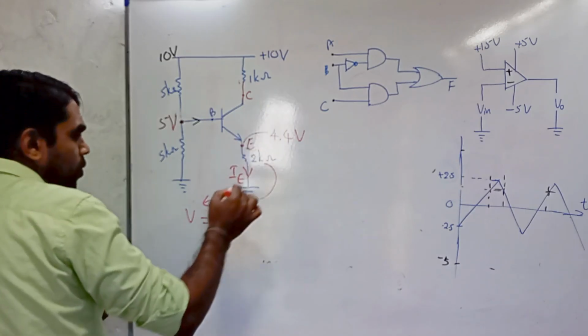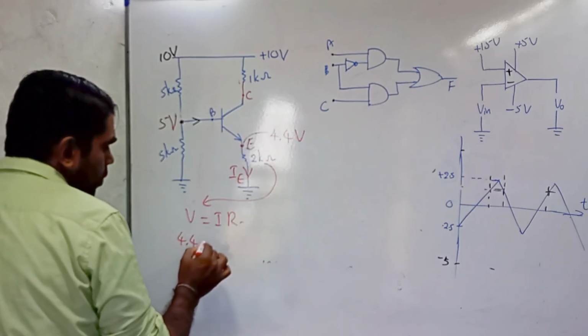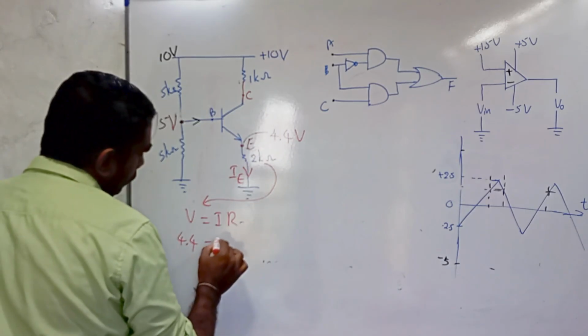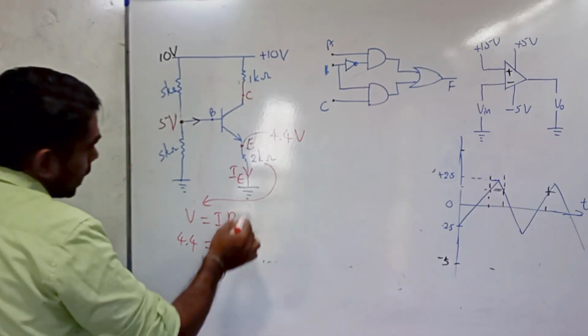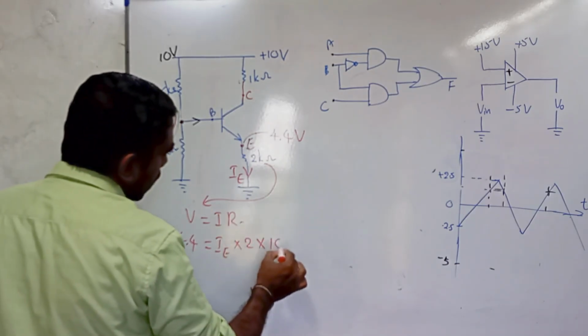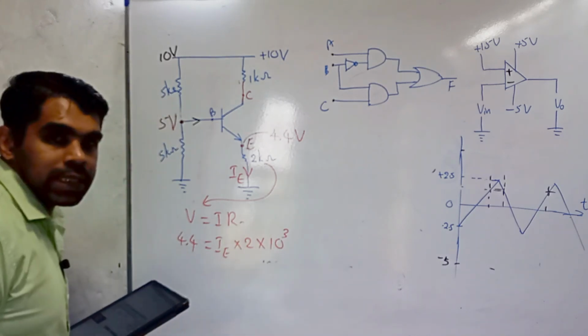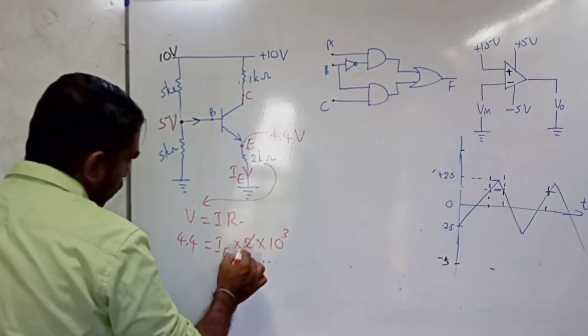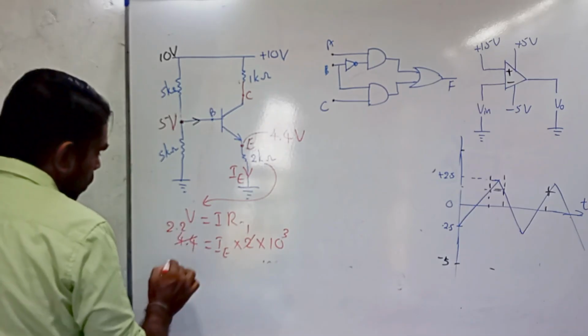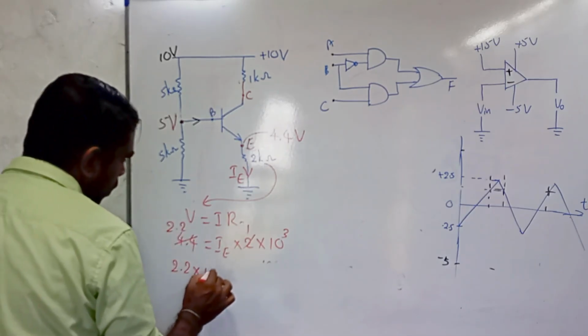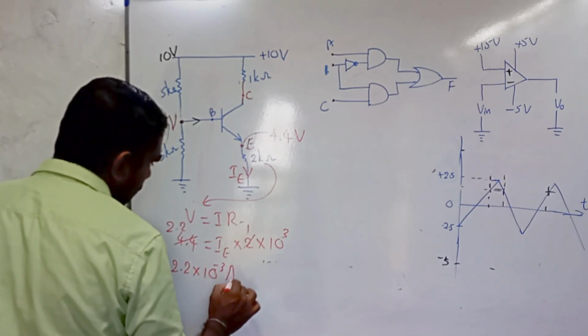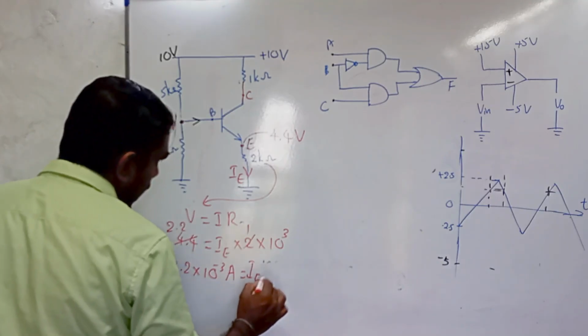Voltage difference 4.4 minus 0, 4.4. Resistance 2 kilo ohm, we have to convert it to ohms, 2 into 10 to the power 3 ohms. Divide 4.4 by 2, we can obtain 2.2 into 10 to the power minus 3 amperes. It is the emitter current.